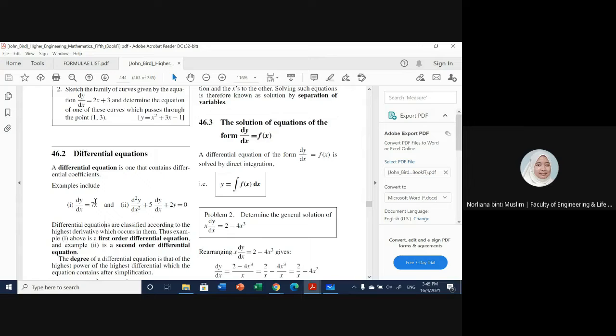That's why we call this equation a first ODE. The second one we call a second ODE because the highest order of the derivative is 2. Or we call it a second order differential equation.